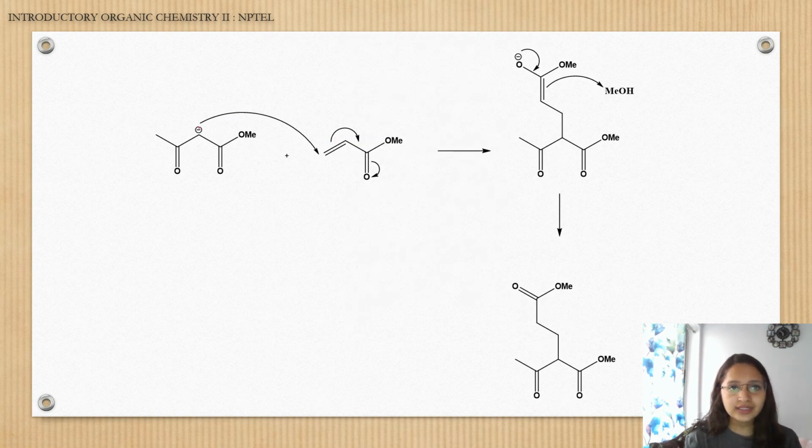It is stabilized because there is conjugation with two carbonyls. If the carbanion forms at the other carbon, only one carbonyl is in conjugation with it. That is why they are abstracting the proton from this side.